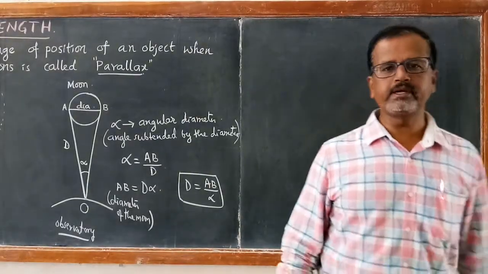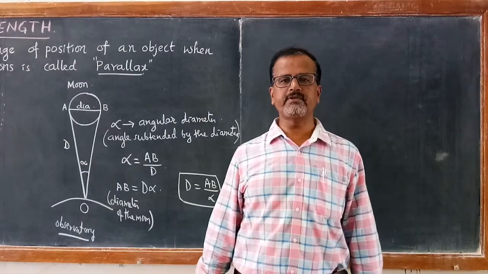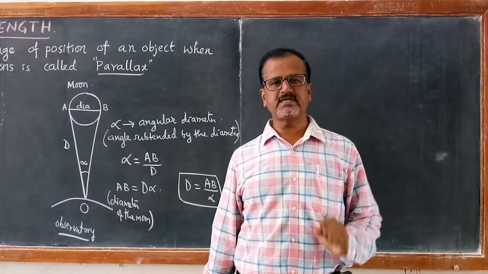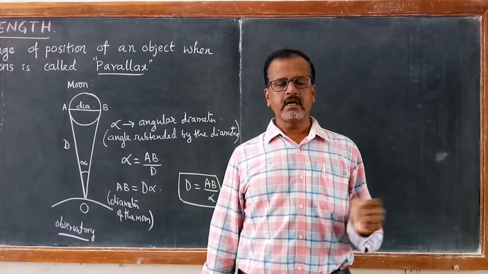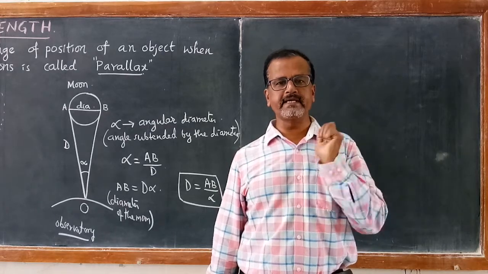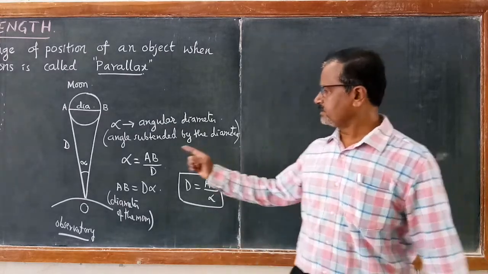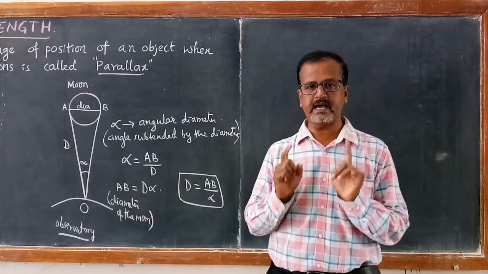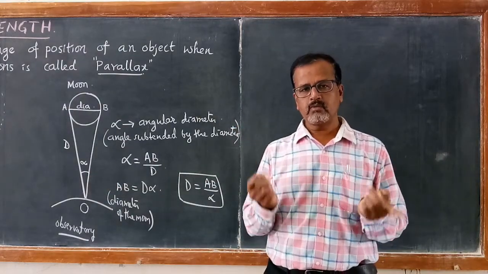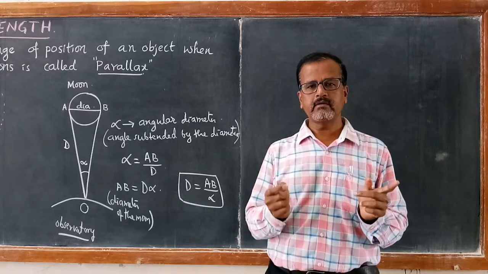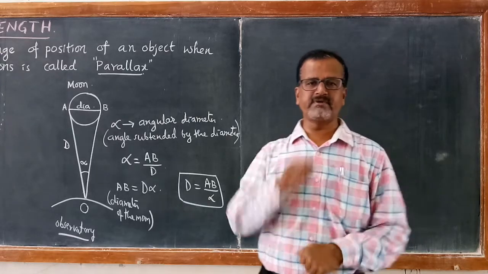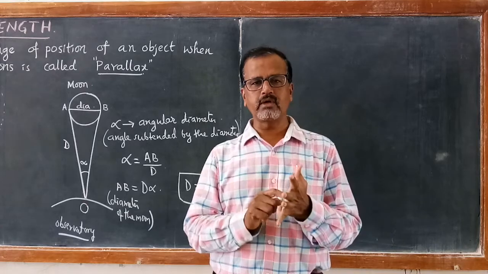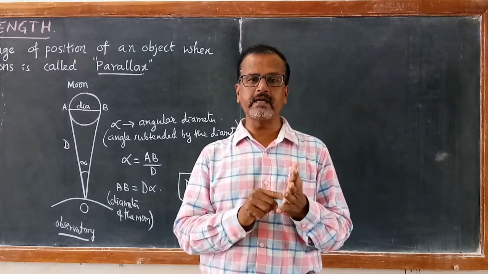Before we go for solution of the numerical problems, let us first learn conversion of degree into radians. Because, for example, in this case, suppose the angle is measured in degrees. Usually we measure the angle in degrees. 1 degree, 2 degree, 10 degree. If it is a fraction of a degree, then how to convert degree angle into radian?